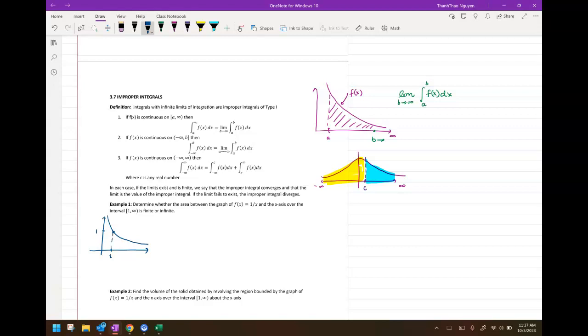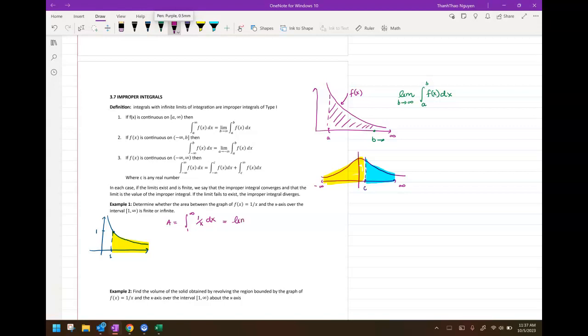We are looking at the area underneath this curve as it approaches infinity. So we are looking at case number 1. I will start with the integral. This area is equal to the integral from 1 to infinity of 1 over x dx.